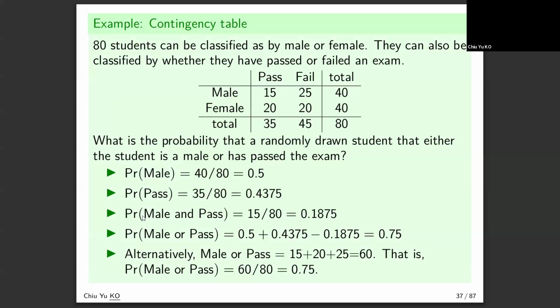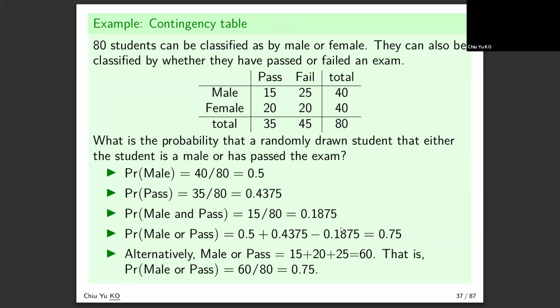Okay, so this is what you often see, called the contingency table. We learned this in the first class. This is a two-way contingency table. Usually that's the data you have. In the class you have male and female, in total 80 people. Half of them are male, half female, 40-40. And then you have pass and fail. Only 35 people pass, 45 fail. And you have some decomposition.